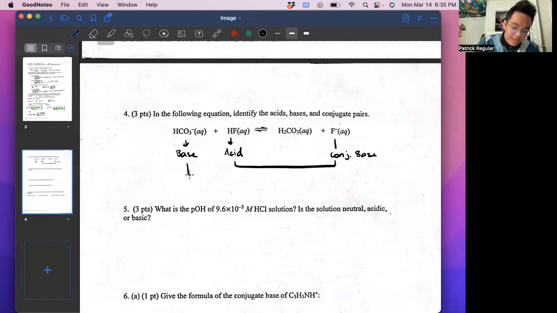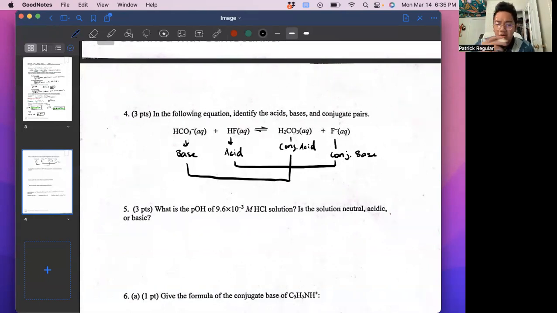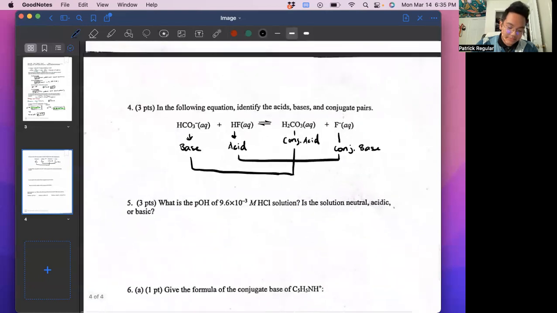And the opposite reason for the base, right? So when the base is protonated, this will be our conjugate acid, because those bicarbonate ions will basically deprotonate and protonate HF, and thus the definition of our Bronsted-Lowry acid. So that was pretty easy.